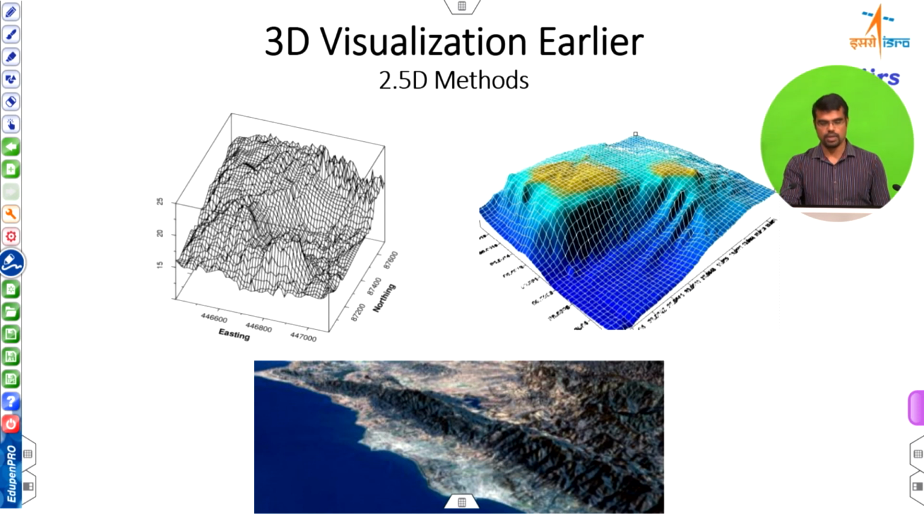Later on, we extended that technology from 2D paper maps to the 3D GIS format. So earlier, the first attempt made in computer-based 3D visualization is called the 2.5D method. This was just an extension of the raster dataset which we get from different sources, and then that raster dataset's attributes get extruded by specific values.